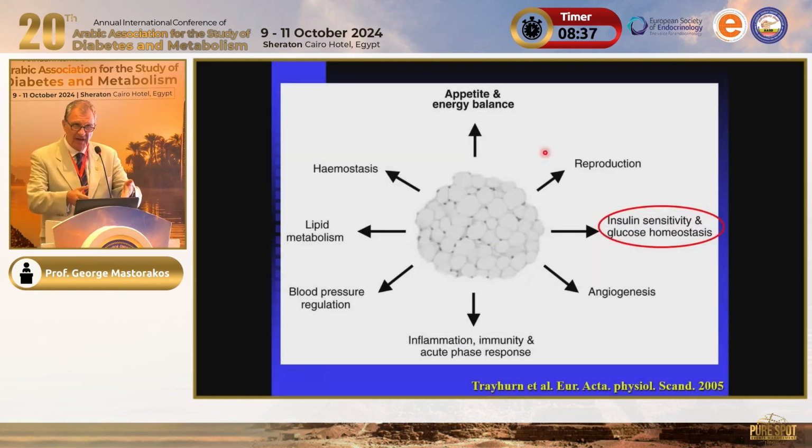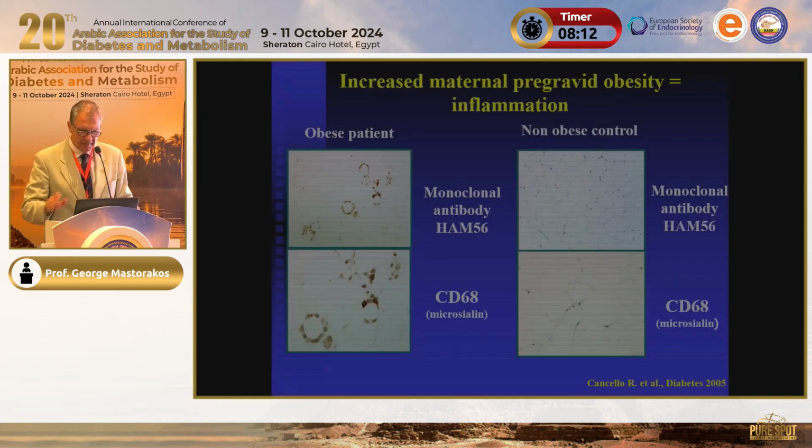Now, this is the adipose tissue, and we have seen this representation many times, but I always wanted to attract your attention to these black spots here. What are these black spots? These black spots are macrophages. The adipose tissue is full of macrophages, cells which have to do with the inflammatory response.